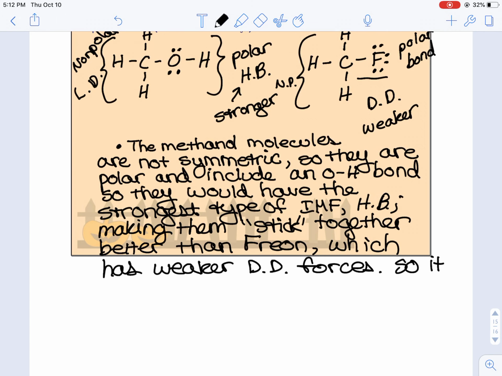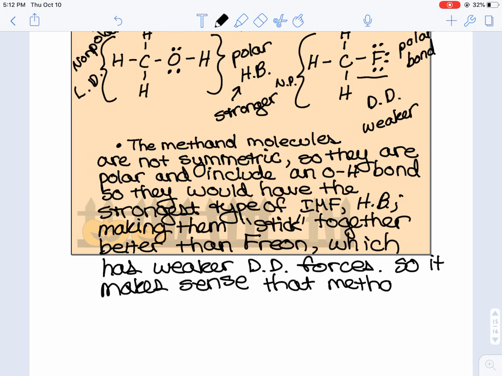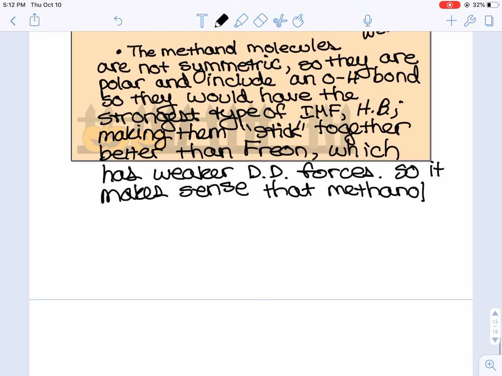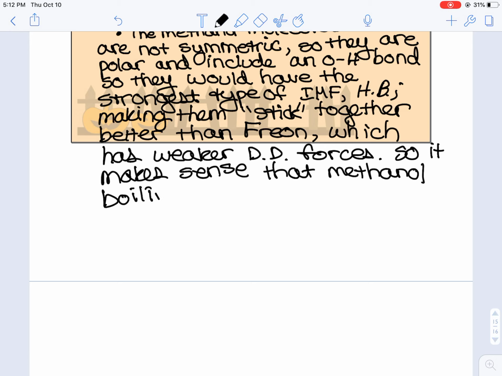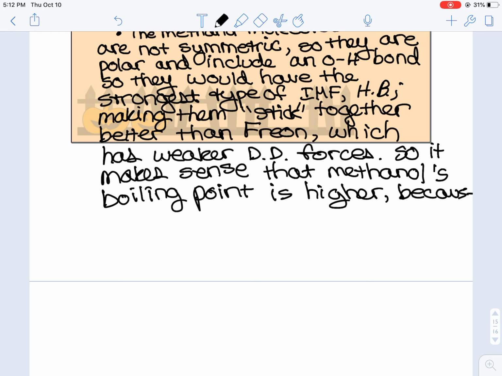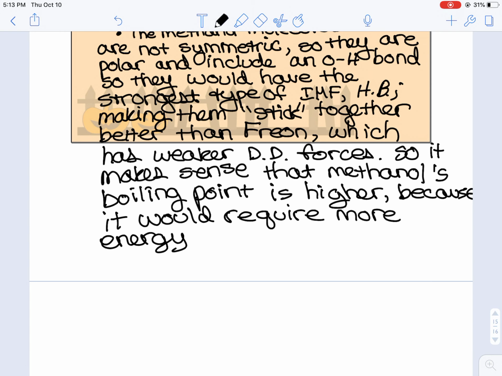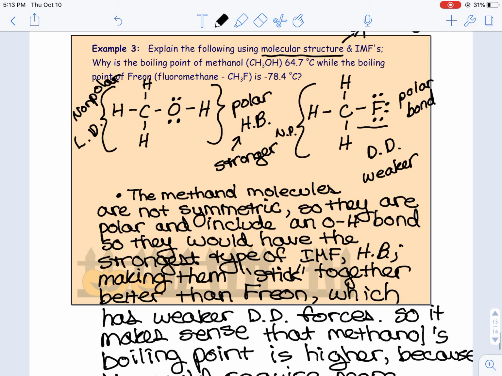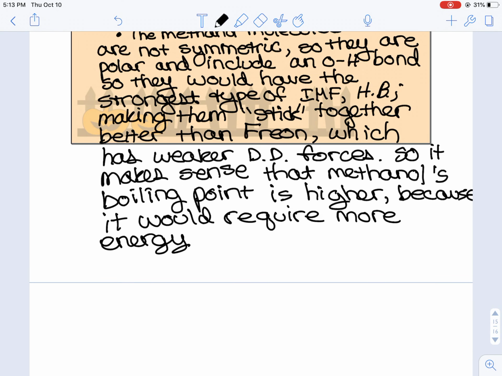So it makes sense that methanol's boiling point would be higher, because it would require more energy to break the intermolecular forces to turn liquid methanol into a gas.